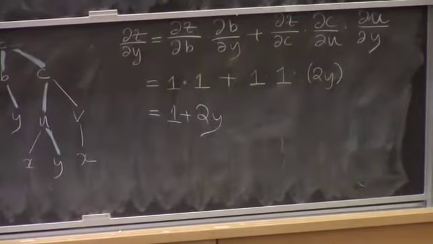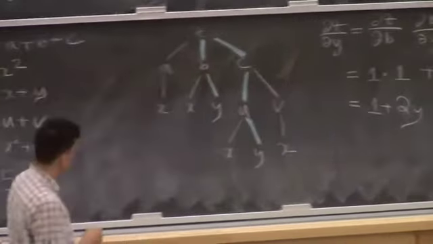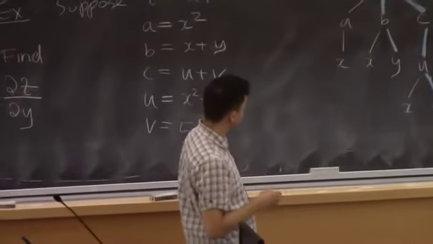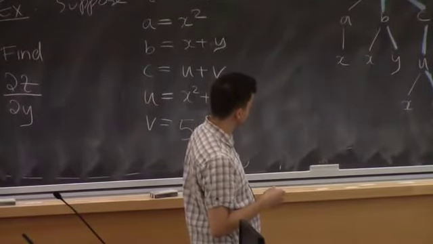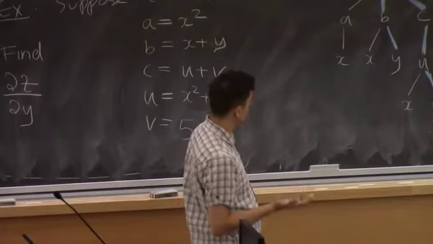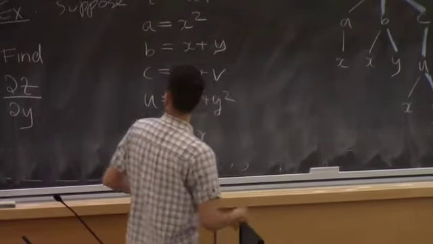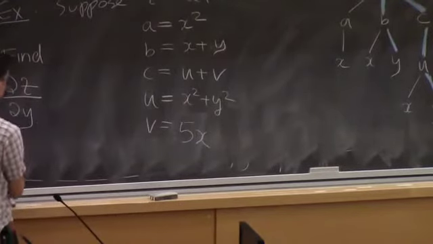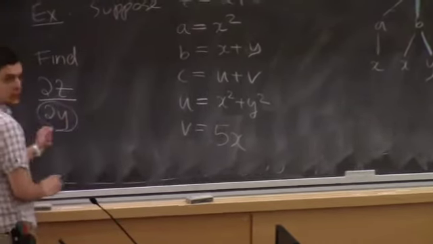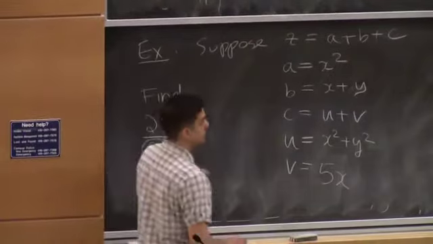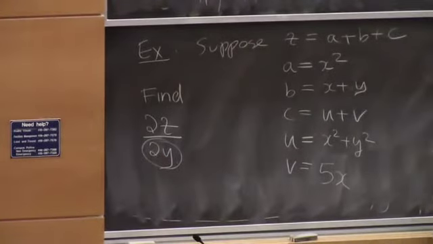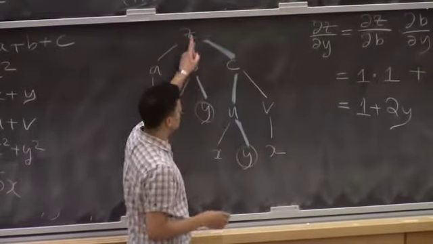Yeah? Yep. Is there any reason why you chose the derivative of b with respect to y instead of x, or is it just an arbitrary choice? Sorry, yeah, not at all arbitrary. We want with respect to y. Yeah? So we find all the y's here, and we add up along all paths.